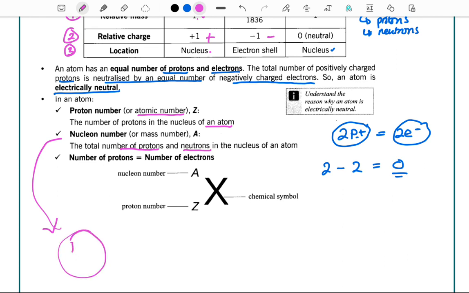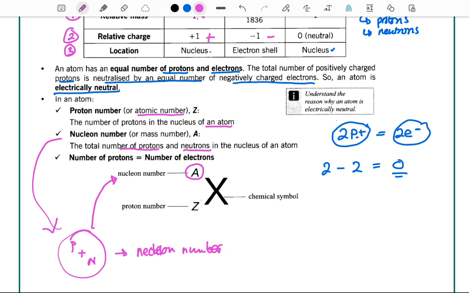And the nucleus has protons plus neutrons. So the whole of this will give us the number which is called the nucleon number. So that will be the total. And the nucleon number is the one that we find here on top, A.